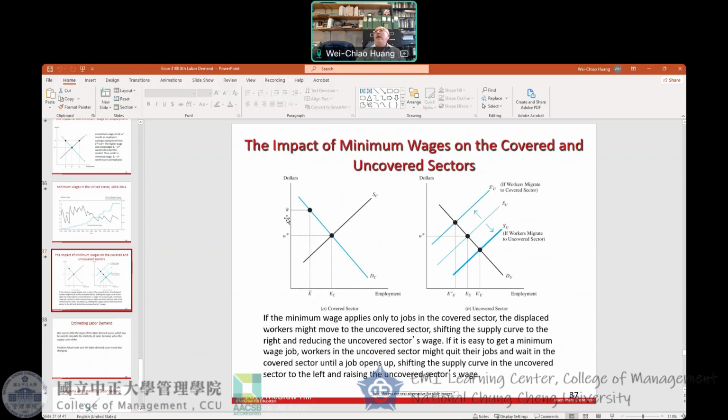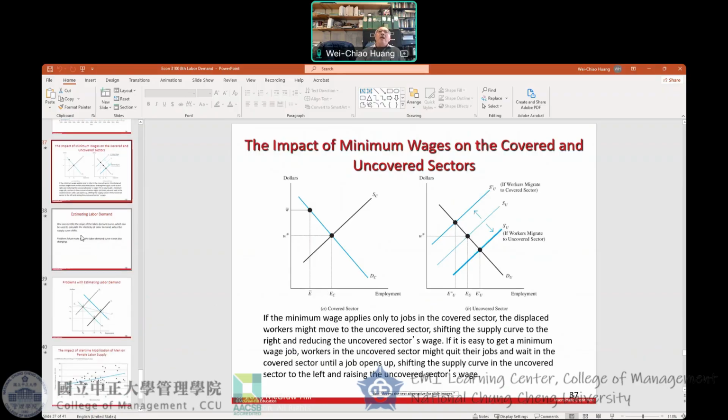That could also happen. In that direction, labor supply will shift upward, and so the wage is going to go up. Essentially, it creates uncertainty in the uncovered sector, whether wage will go down or go up. We don't know. Theoretically, of course, you read further and you're going to see some discussion about that.